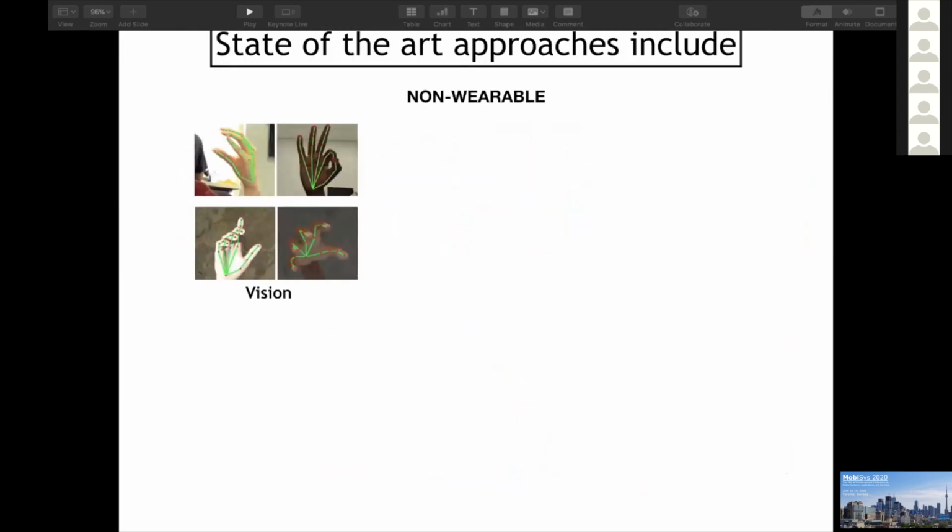For now, the state of the art approaches we have divided into two parts. One is non-wearable and another is wearable techniques. So in non-wearable, one major is vision. In vision, they use cameras and deep learning models to identify finger movements and hand gestures.